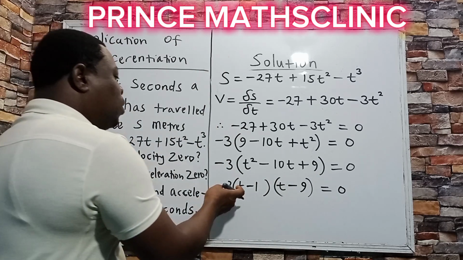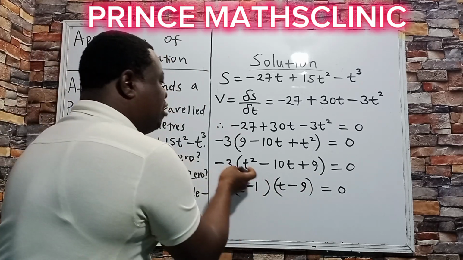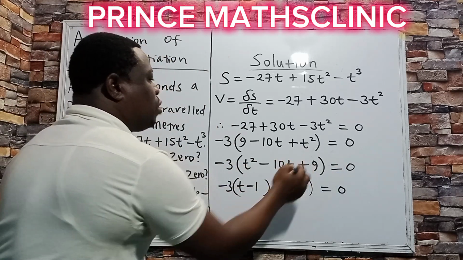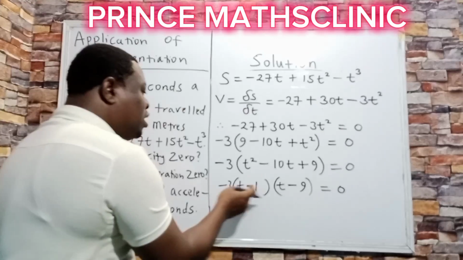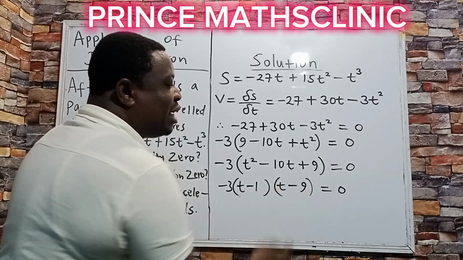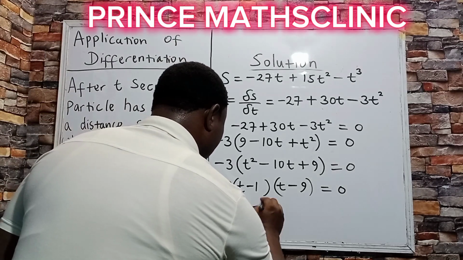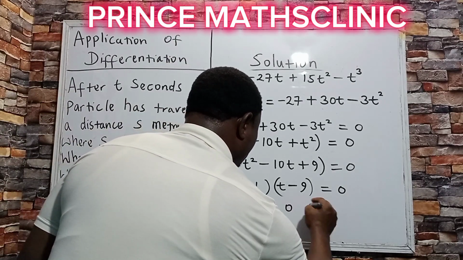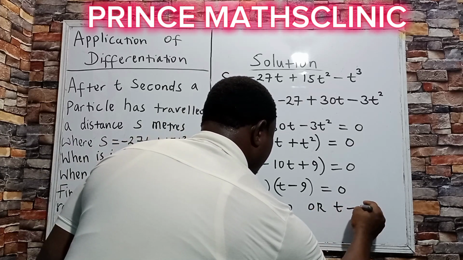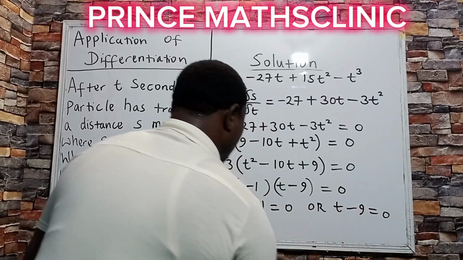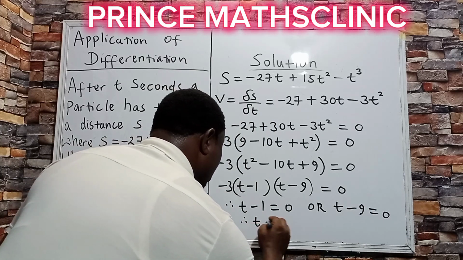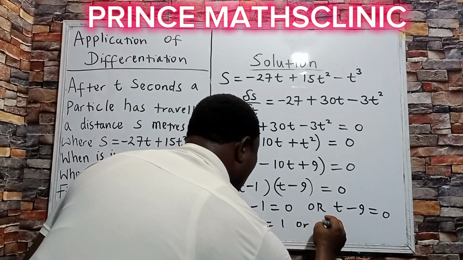Multiplying all of this together gives me back this equation. So each of these factors in brackets can be equated to 0. Therefore, t minus 1 equals 0, or t minus 9 equals 0. So therefore, t is either 1 or 9.